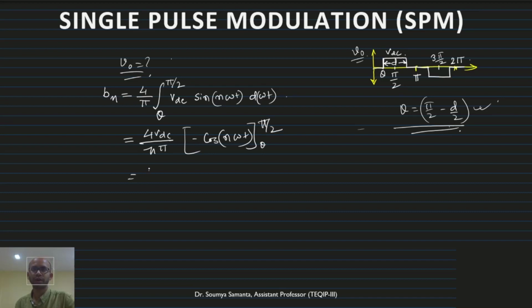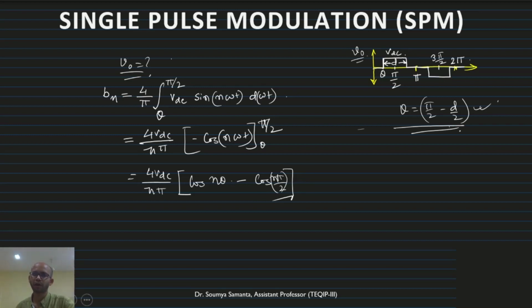So this will be 4 VDC by n pi, and what will be the expression? cos n theta minus cos of n pi by 2. Here cos n pi by 2 will be 0 if we consider n equals 1, 3, 5.